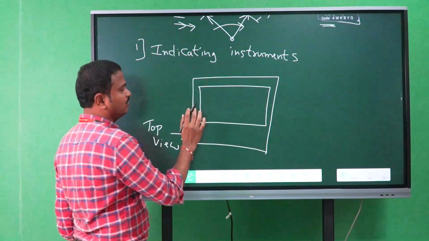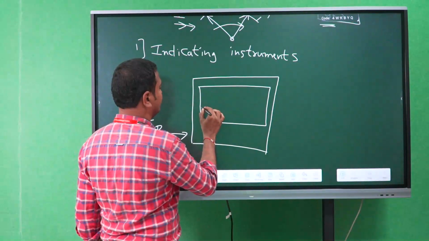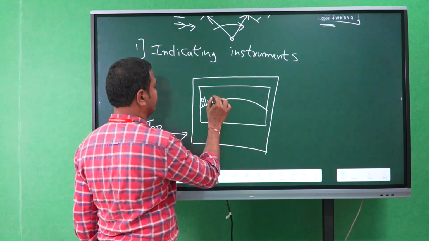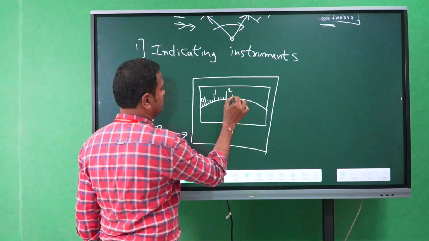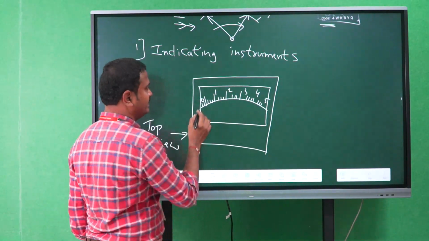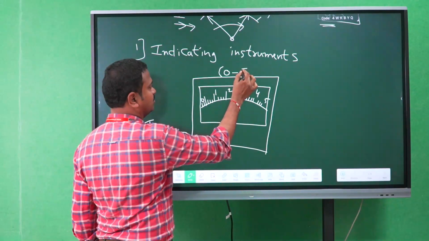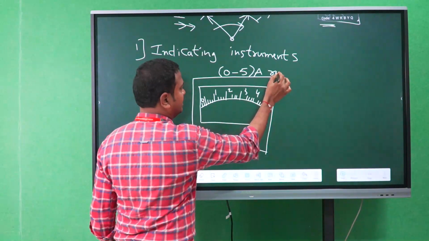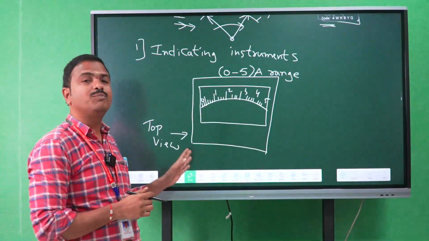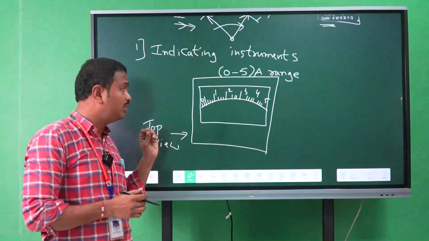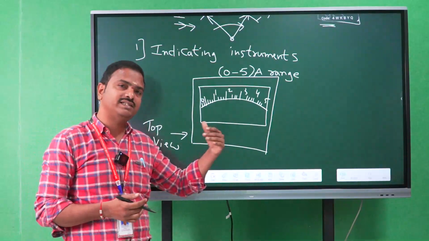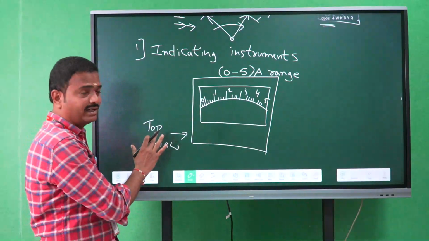In this ammeter we can see a calibrated scale, with readings 0, 1, 2, 3, 4, 5. That means the range of this ammeter is 0 to 5 amperes. This instrument measures the current up to 5 amperes only. If we want to measure 10 amperes or 8 amperes, then we need to take a 0 to 10 amperes range ammeter.